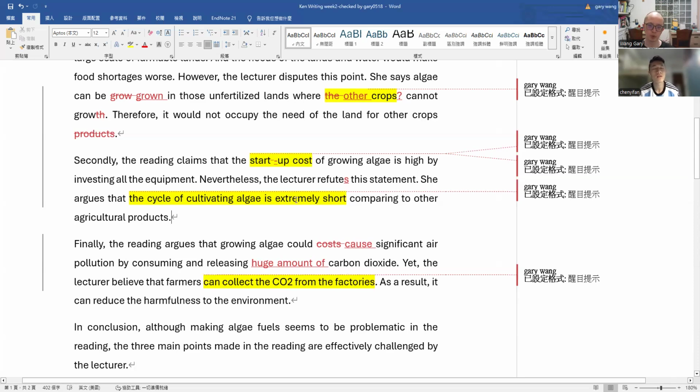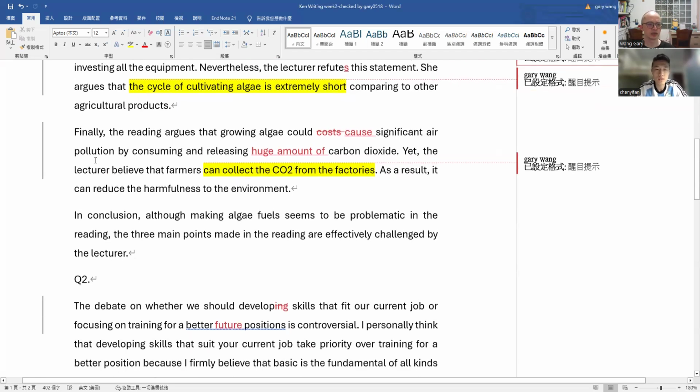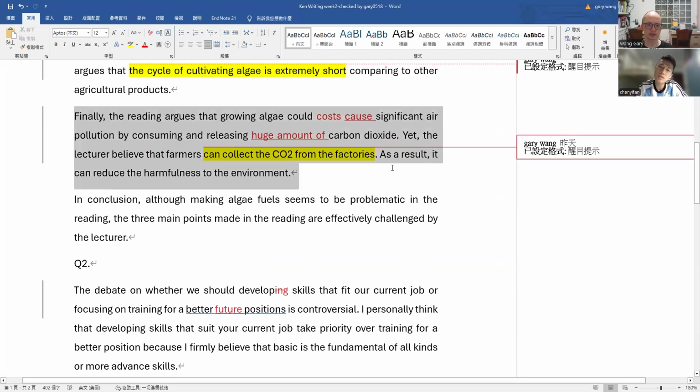Which one is your main point? The cost, right? So if you are using the startup cost as your main point, then maybe you need something else. I will show you some sample answers later, so you can look at the sample answers.